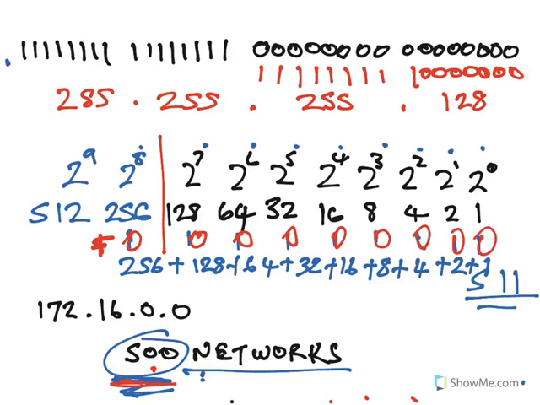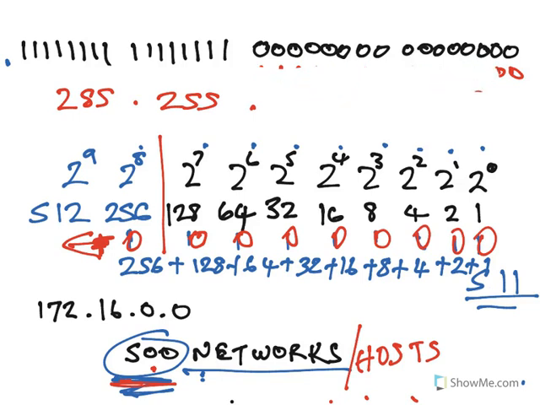So those ones would actually become zeros, and whatever's left going that way would become ones, or network bits. So in the example above, we would have 1, 2, 3, 4, 5, 6, 7, and then 9 zeros.